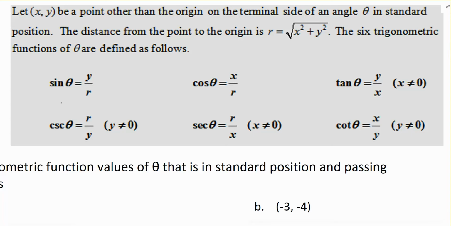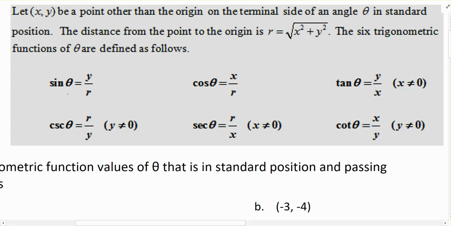It's that relationship between the angle and the sides of my triangle. You need to memorize these 6 trig function values, and we'll be using them enough that that shouldn't be that hard, but we'll start off by talking about them.